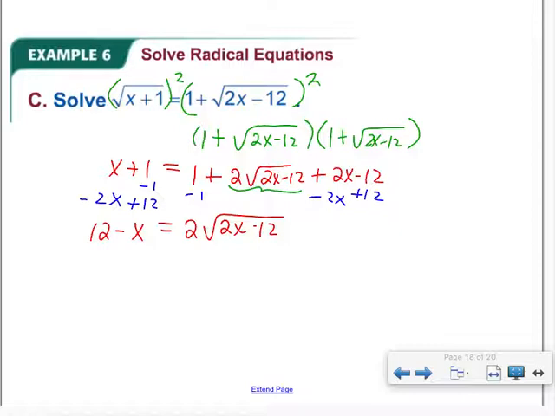So now it's like the first problem we had. We still have a radical. It's by itself. So now we have to square both sides again.